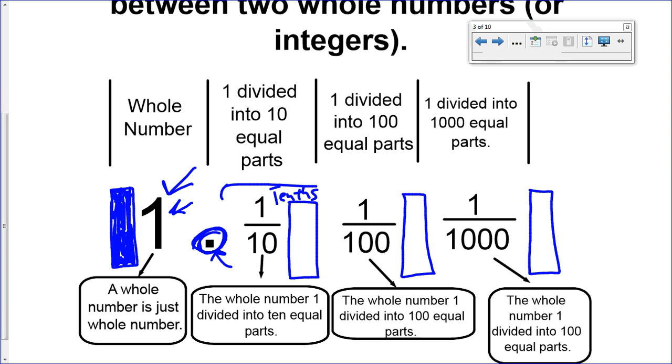Now, when we go one place past the decimal, so we go to the tenths place, we're essentially taking the whole number 1 and dividing it evenly into 10 parts. So how many is that? 1, 2, 3, 4, 5, 6, 7, 8, 9, 10.